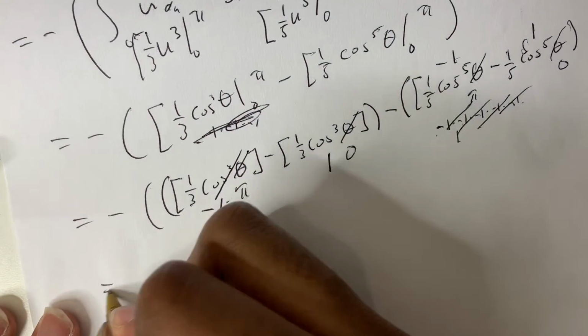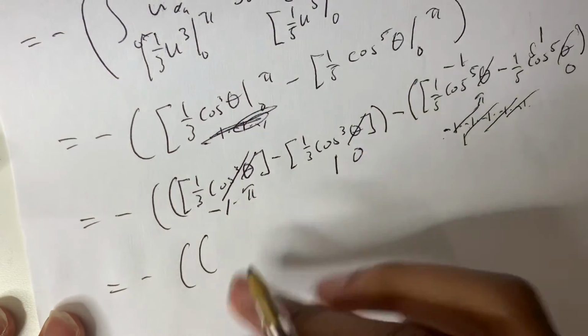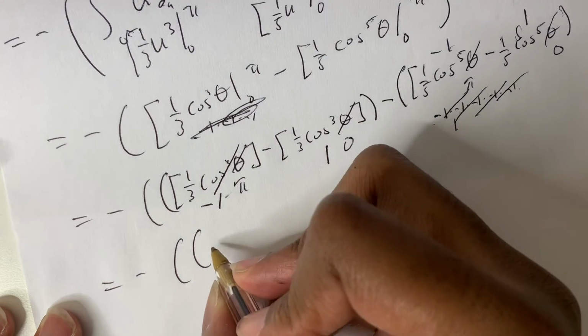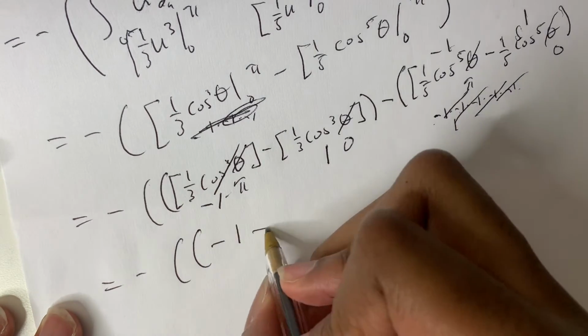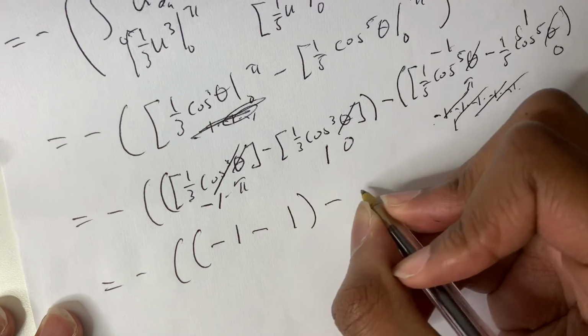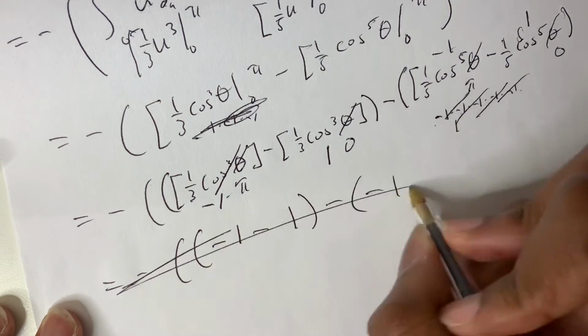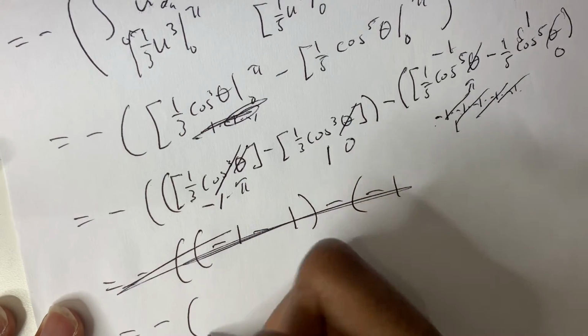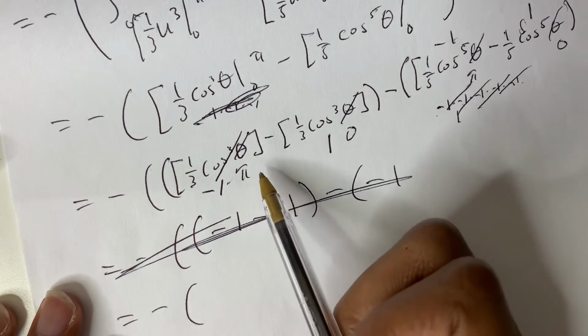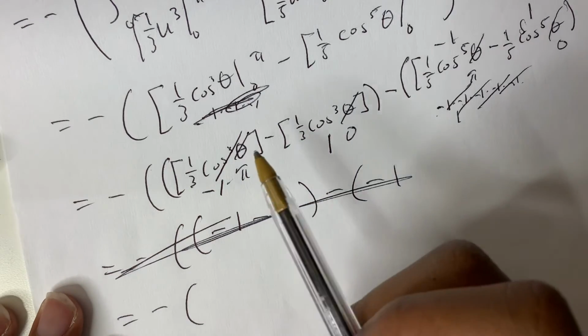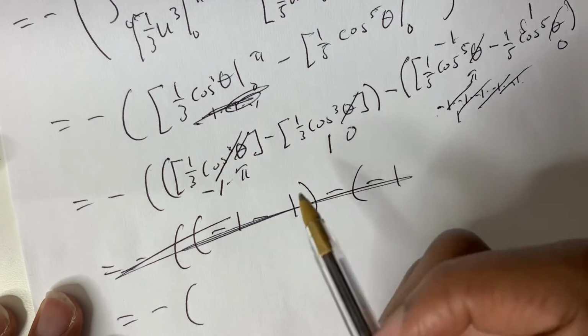So now we have minus of minus 1 minus 1. Oh, my bad, I forgot to put in the constants. This is minus 1 over 3, right?